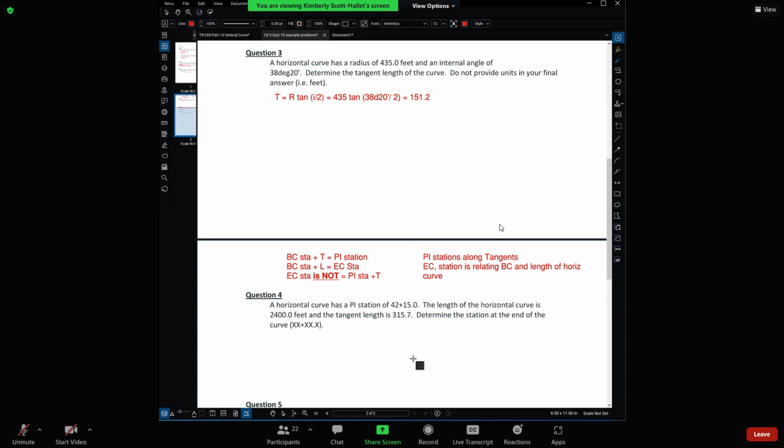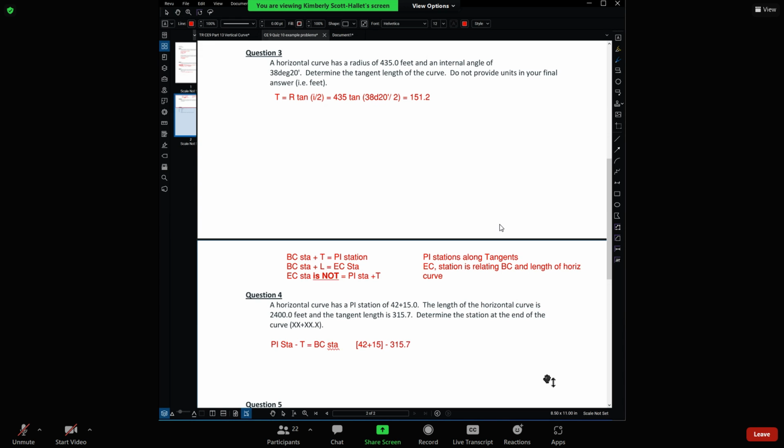So with that being said, for this particular one, I'm going to have my PI station, and I am going to subtract my tangent length to get to my beginning of my curve station. So my PI station, again, I'm using my brackets for stations. I have 42 plus 15. Again, I'm just not writing all my decimals. And I am going to subtract 315.7.